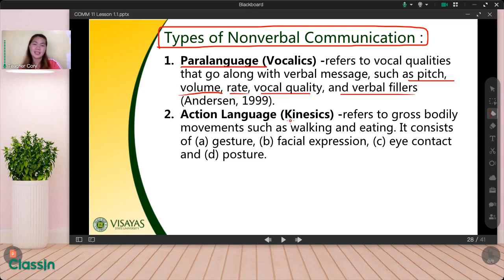Next, we have kinesics. So this is the action language. This refers now to our gross bodily movements, such as walking, eating. It also consists of gestures, facial expression, eye contact, and posture. So the way you're slouching, when you're smiling, your eye contact.